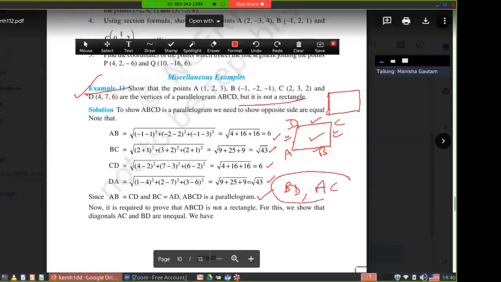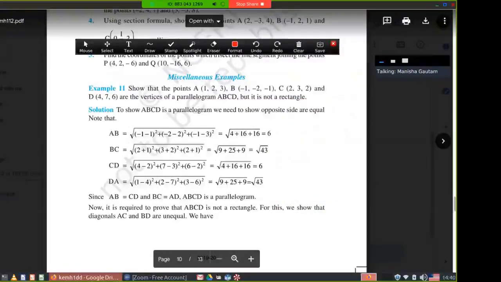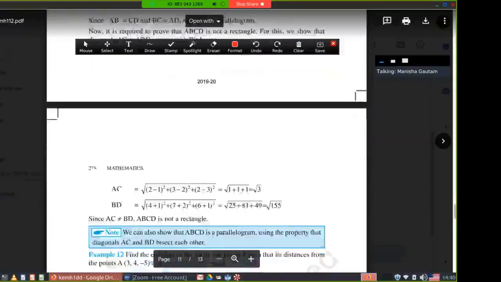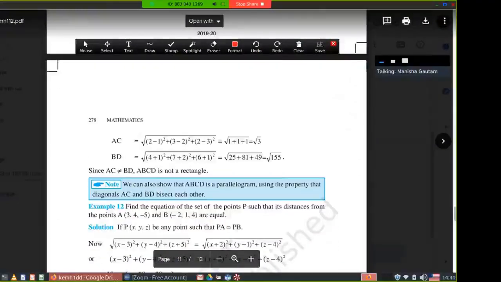These are the diagonals of the parallelogram. Let's see the measurements you got. AC is root 3 and BD is root 155, both are not equal. It means the diagonals are not equal, which shows ABCD is not a rectangle.